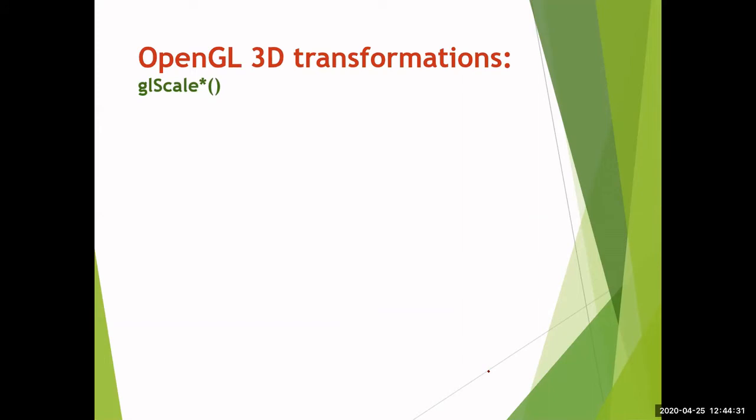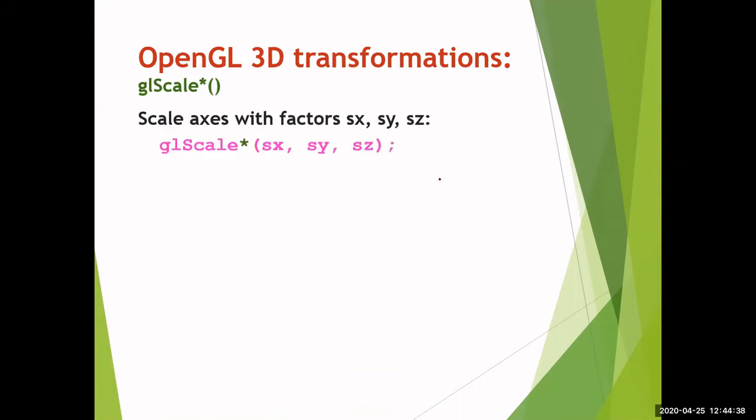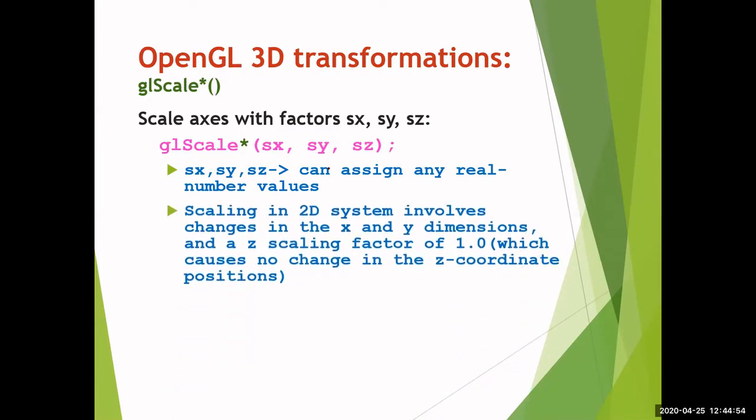OpenGL 3D transformations with respect to glScale. glScale has the factors Sx, Sy and Sz. Again, the f stands for float, or d for double. Sx, Sy, Sz can be assigned any kind of real number values. As usual, scaling in 2D systems involves changes in the x and y dimensions and a z scaling factor of 1.0.